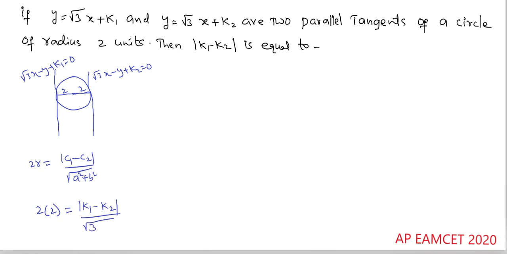Root 3 whole square is 3 plus minus 1 whole square is 1, that is 4, is equal to modulus of k1 minus k2 by root over 3 plus 1, that is 2. So from this modulus of k1 minus k2 is equal to 4 into 2, that is equal to 8.